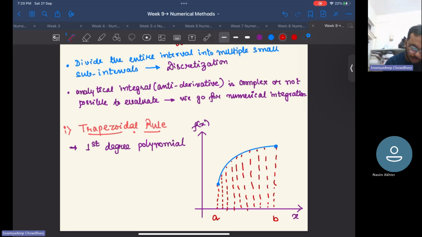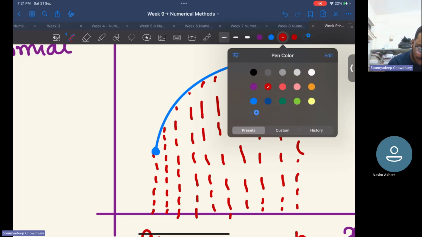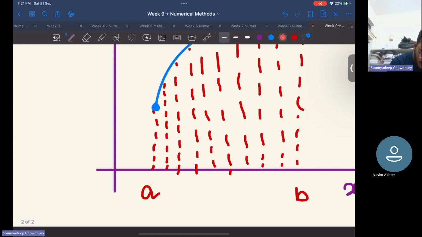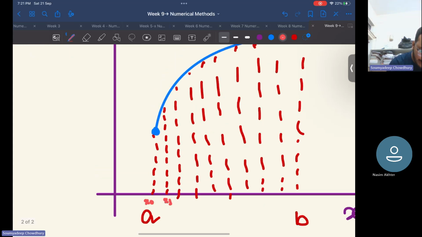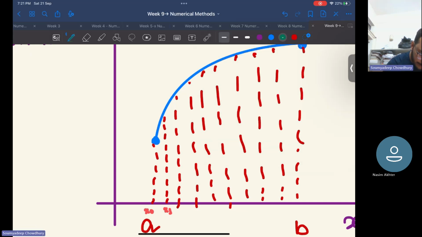Now, if I just zoom in, you can see that within these subintervals we approximate this function by a linear function. Here the first limit is x naught, and the next limit is x1. Between x naught and x1, this function is not exactly linear, but we approximate the function by a linear one.